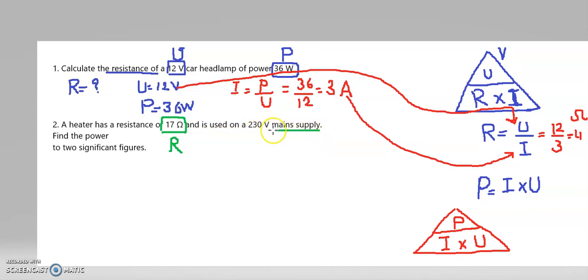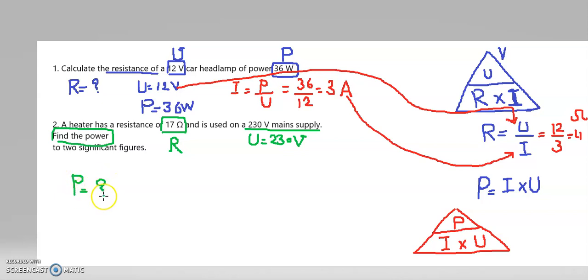So these are the key words telling you that this is voltage. So voltage is 230 volts. And what are we looking for? We are looking for the power. Find the power to two significant figures. So we are looking for power.